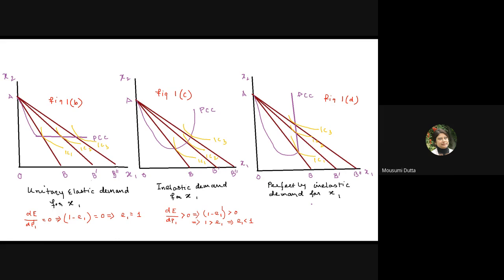Consider the horizontal PCC in 1B, positively sloped PCC in figure 1C, and vertical PCC in 1D.